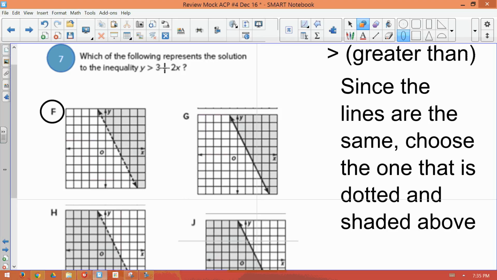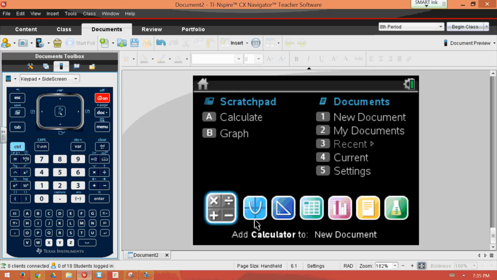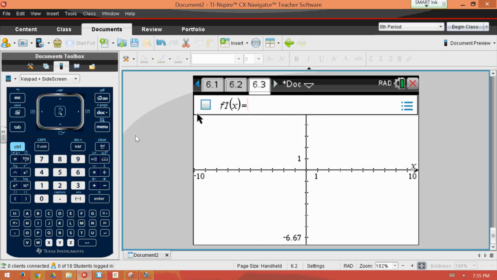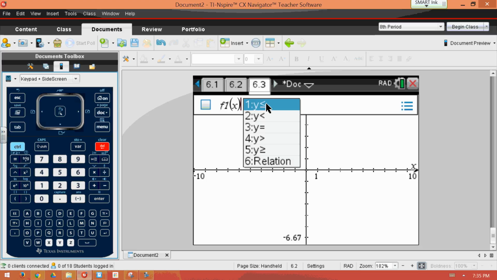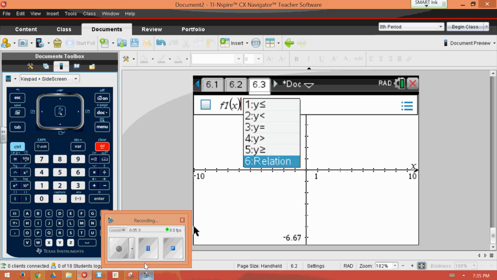And if you do, this is really easy to graph. All you have to do is open up a graph page, and you can erase the equal sign and choose, I believe it was less than, which one was it? I've already forgotten. Yeah, y is greater than, actually.